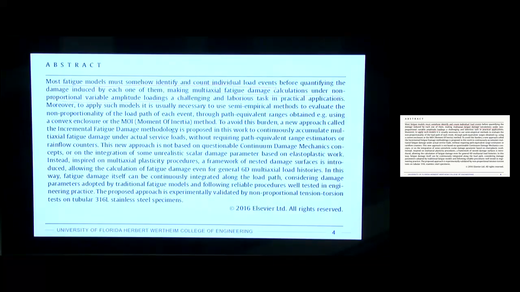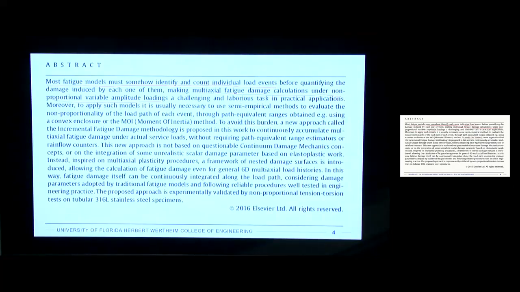Moreover, right, so compounding that complication, to apply such models it is usually necessary to use semi-empirical models to evaluate the non-proportionality of the load path of each event through path equivalent ranges using other specific methods.